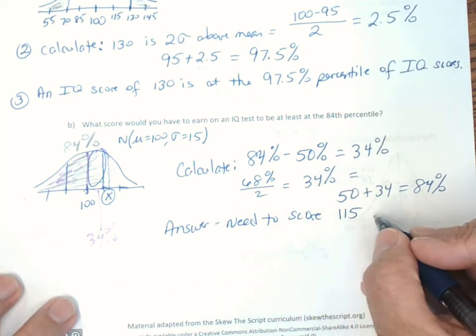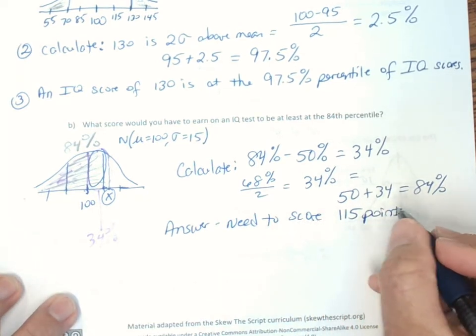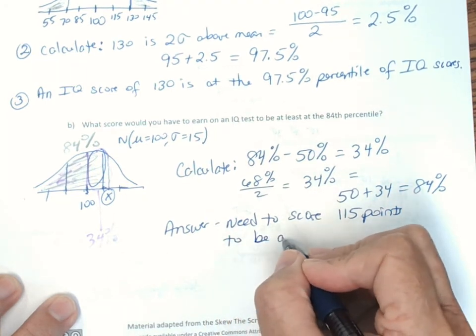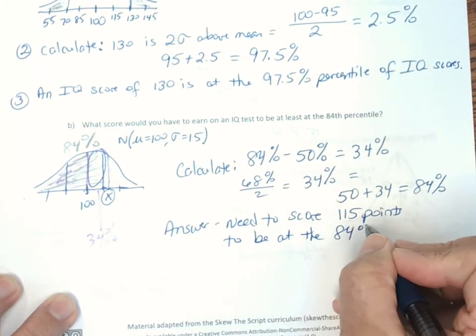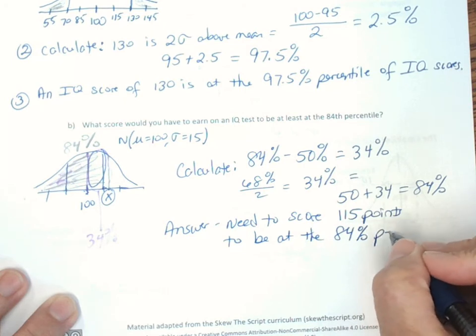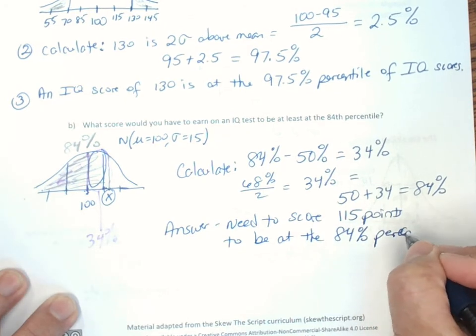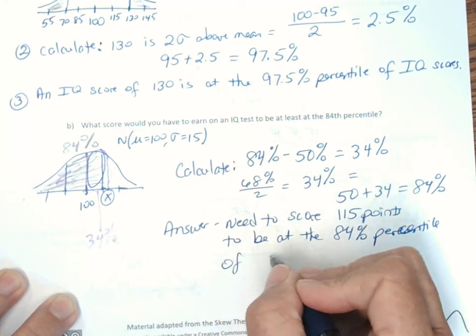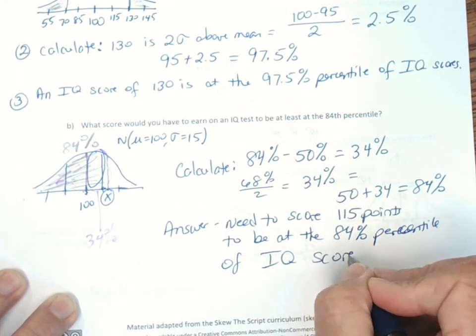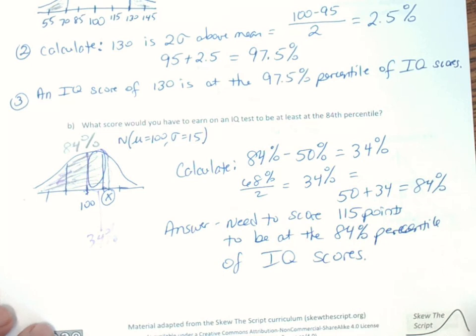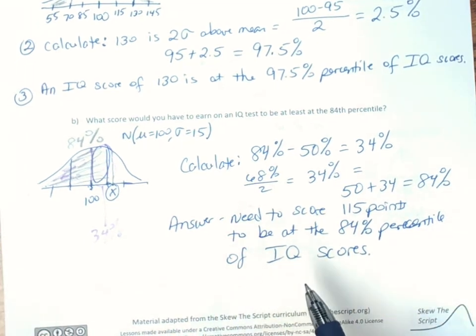So need to score 115 points to be at the 84th percentile of IQ scores. Okay? So again, that will give me the 84th percentile. And we're going to do quite a few of these practice ones, but that gives you an idea of how we can manipulate our 68, 95, 99.7% rule. Okay, good luck.